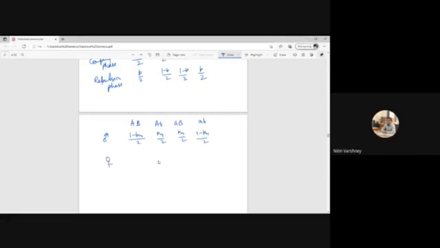Similarly for female, 1 minus Pf by 2, Pf by 2, Pf by 2, 1 minus Pf by 2.